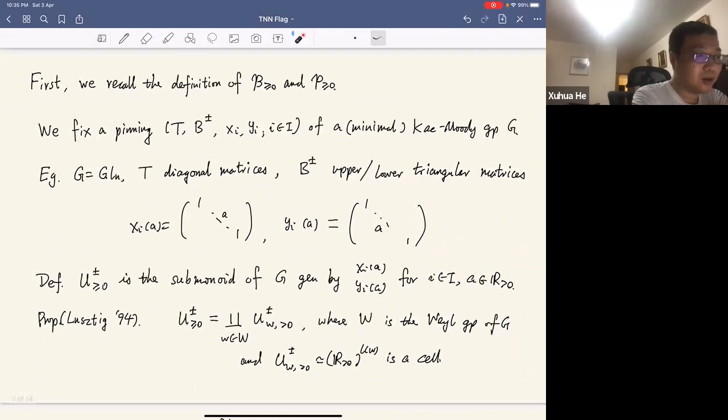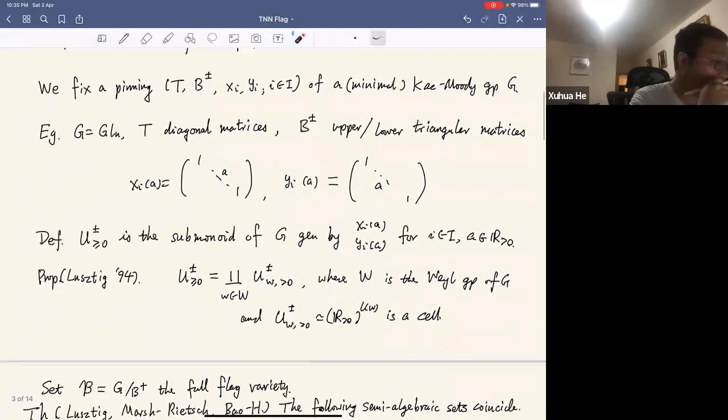Okay, so we want to start with a Kac-Moody group, which we call G, and to be specific, we're going to use the so-called minimal Kac-Moody group. So we fix the pinning. We have the torus T, and we have the two opposite Borels, B plus and B minus, and we have a set of the simple real root subgroups x_i and y_i.